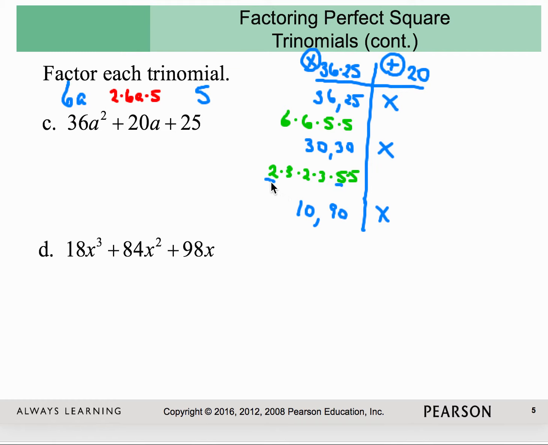So let's do some other combination. Let's do maybe 12 times 75. That's not going to be 20.